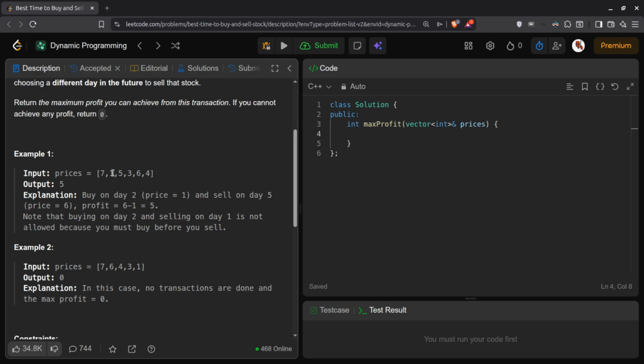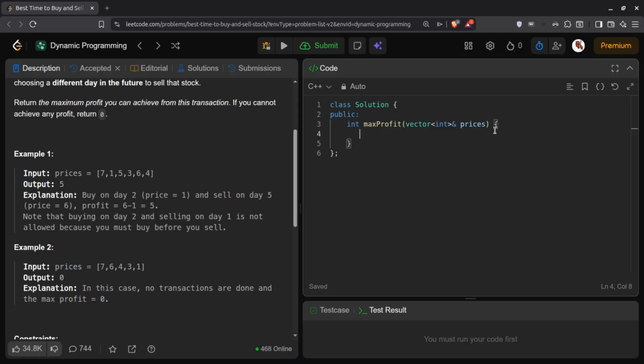And the best time to sell the stock is at index 4, because 6 minus 1 is equal to 5. So the maximum profit you can attain is 5 by doing this. So how are we going to do it, we'll see through the code.